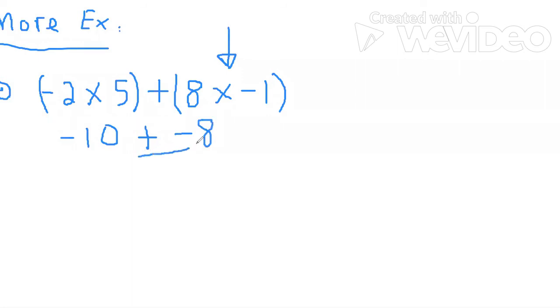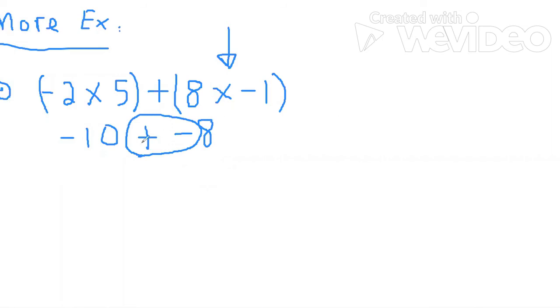Wait, notice what's happening right here, sir. Can you work out a math problem like that with two signs there? No, you have to have one sign. So you can't work out one question like that and have two signs.